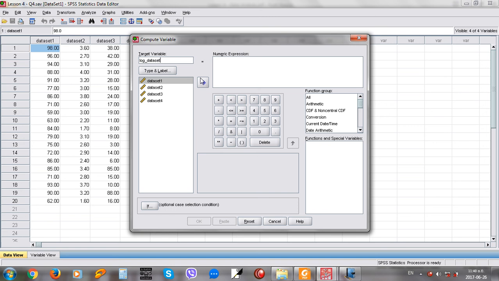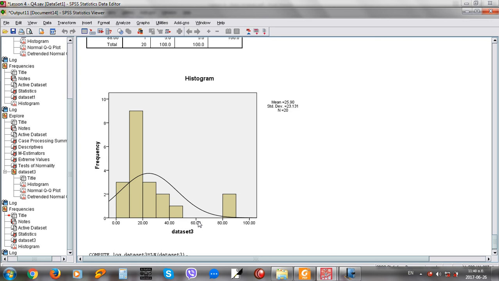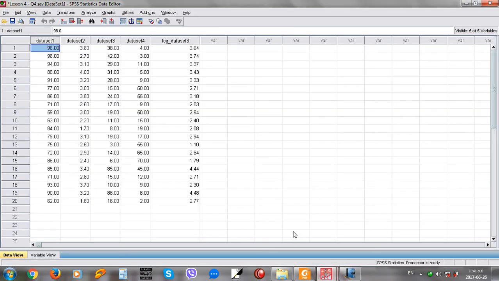We take the expression, arithmetic, ln, of data set 3, and then we see what happens. Now we have a new variable.